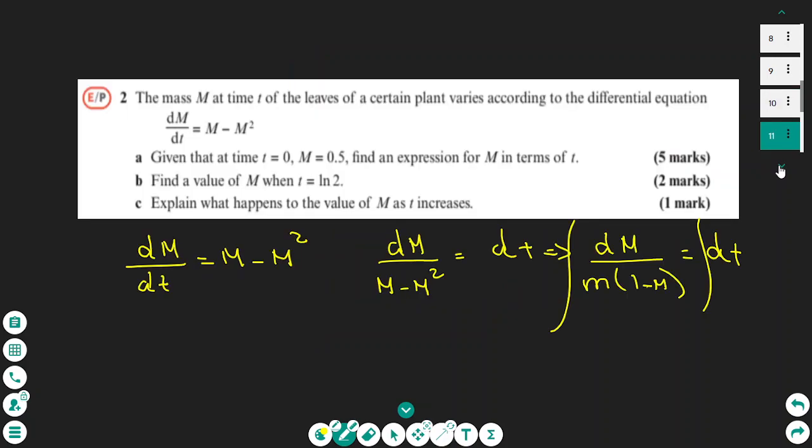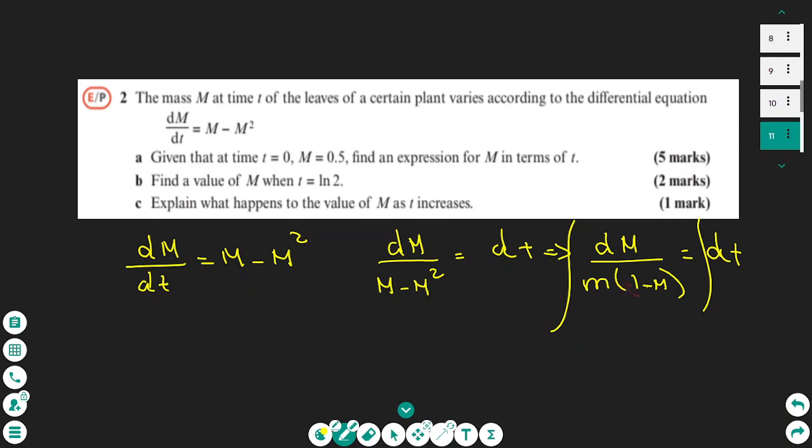The other equation I have here is dm over dt is equal to m minus m squared. And we need to find an expression for m. So to find an expression for m, we need to solve the differential equation by separating the variables. So I divided both sides by m minus m squared, and then I integrated both sides.